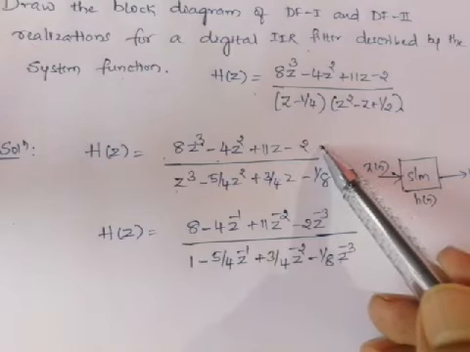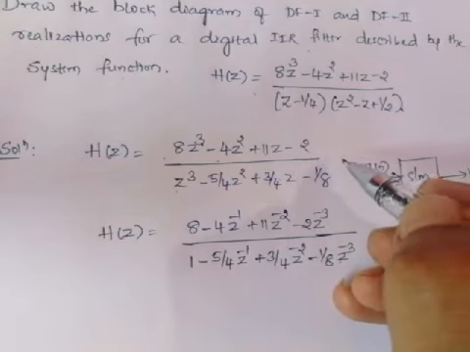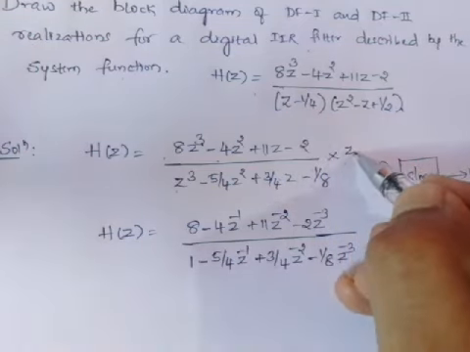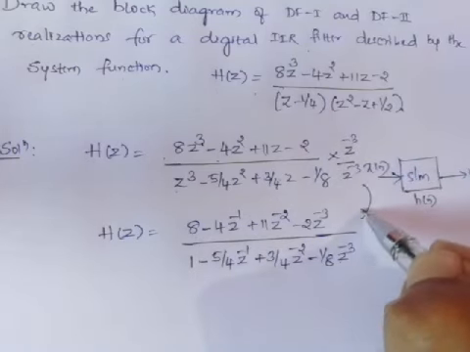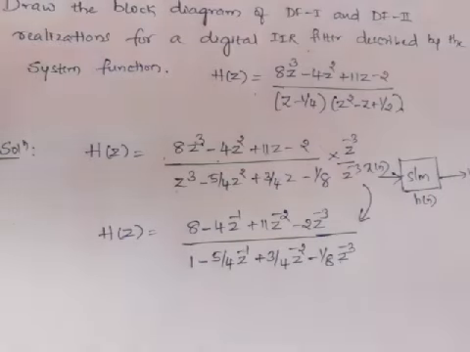Here, 8 multiplied by z to the power minus 3 times z cubed becomes z to the power 0, which is 1. Hence we multiplied the numerator and denominator by z to the power minus 3. So then we got this step. Okay, now let us express in terms of DF1 and DF2.